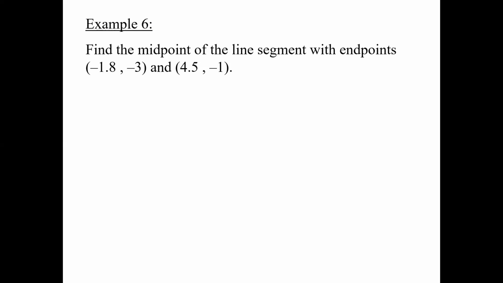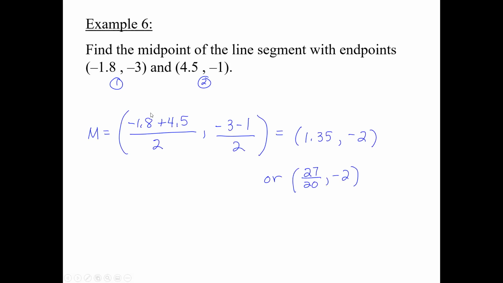Okay, here's our first example. Find the midpoint of this line segment with these endpoints. Okay, so I'm just going to arbitrarily call this point 1 and call this one point 2. So here's what I would put. For the x values then, if this is point 1 and point 2, what I have here for the x's is this x value plus that x value divided by 2.